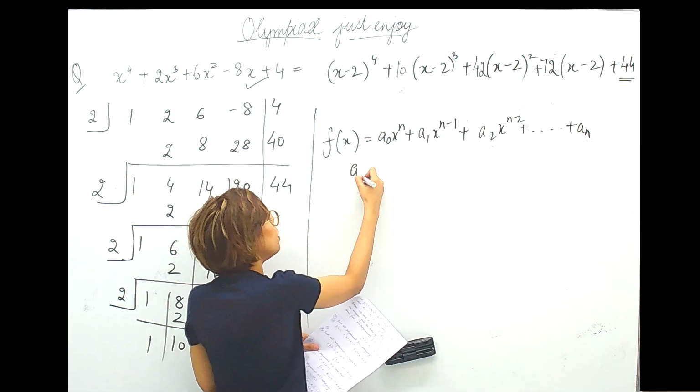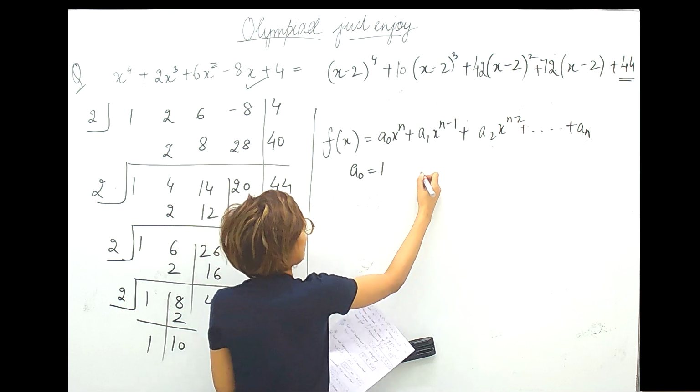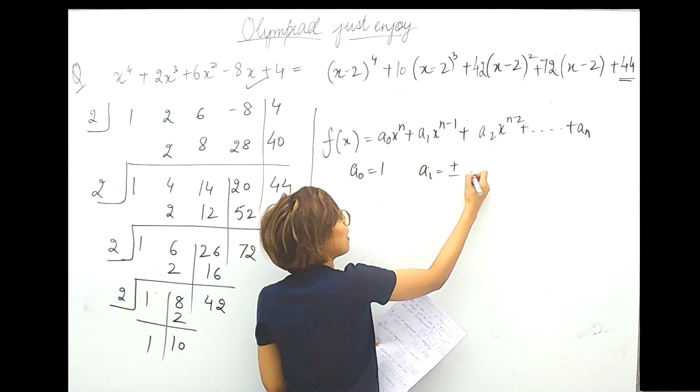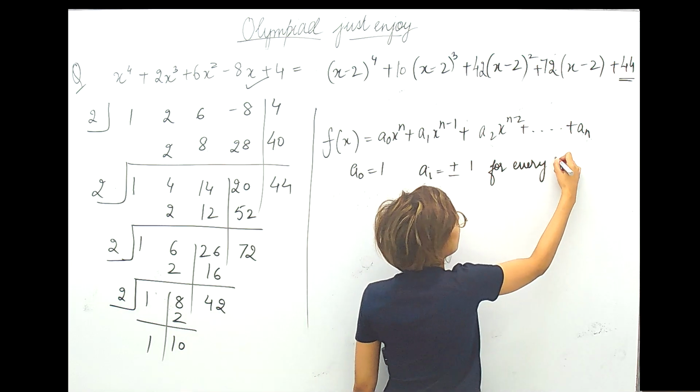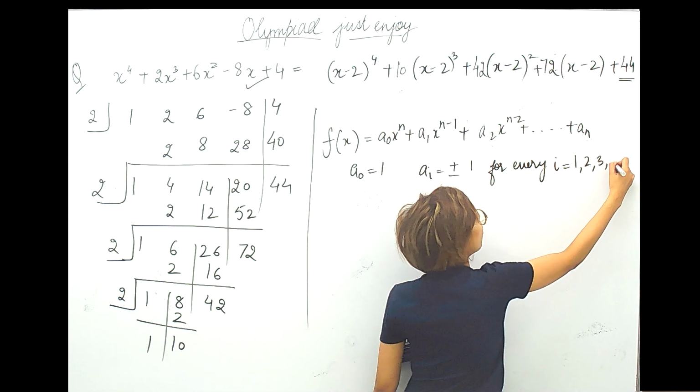With a naught equal to 1, ai is equal to plus minus 1 for every i equal to 1, 2, 3, so on till n.